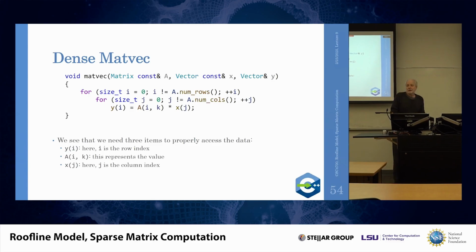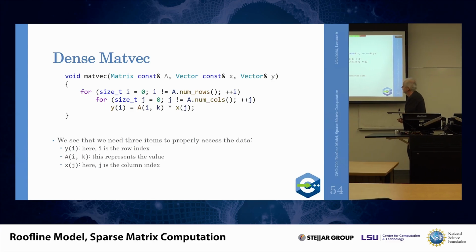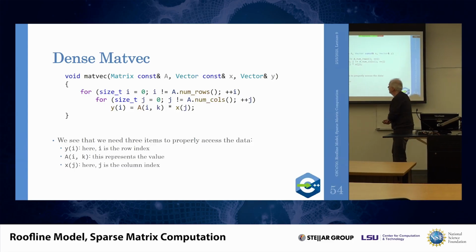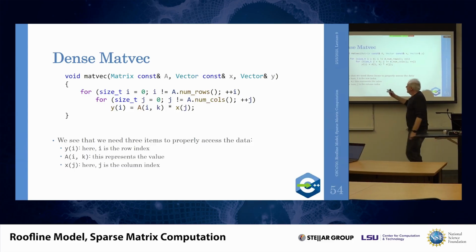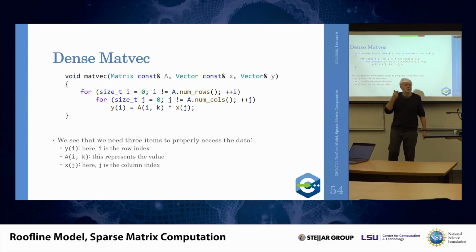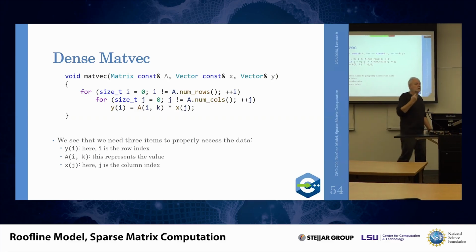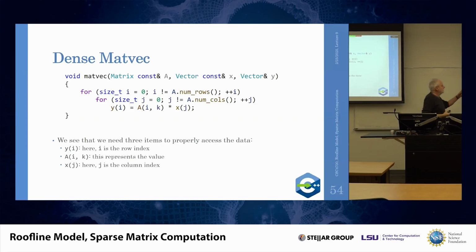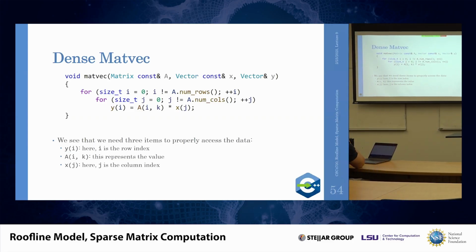Let's go back again to the dense case. And we see here that our inner loop has three things. It accesses y using one of the indices, which is a row index. It accesses a matrix that represents the value at ik, and it accesses the vector it multiplies with using the column index, right?